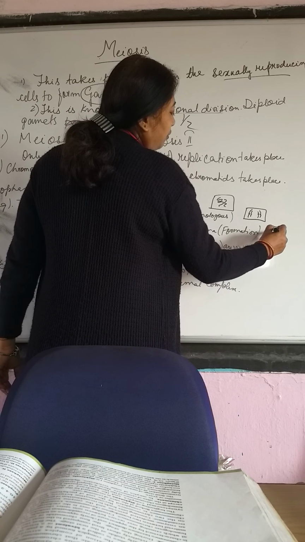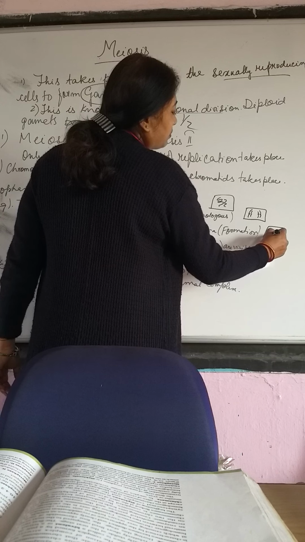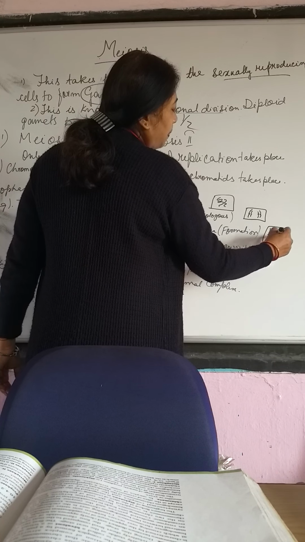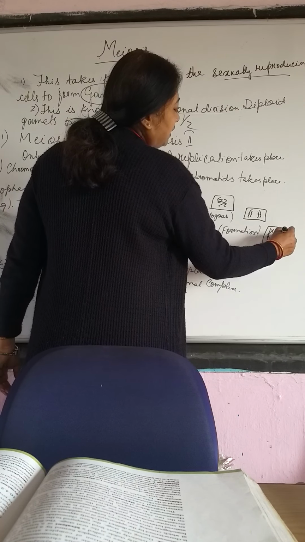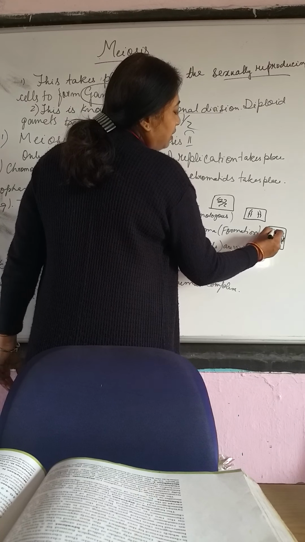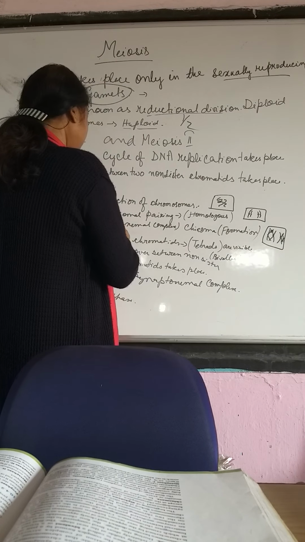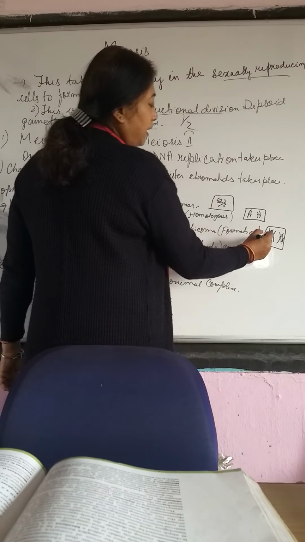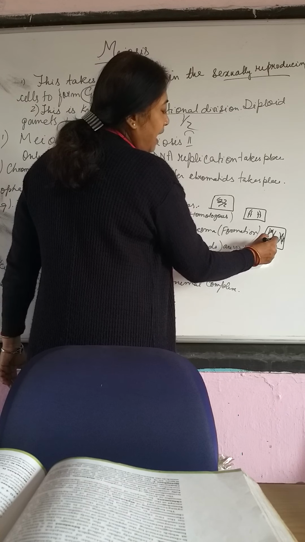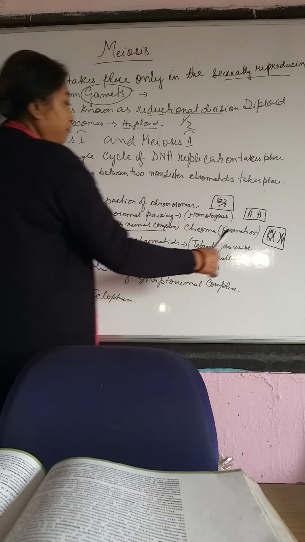The cell, for example, this is one cell, and here also it forms a cell. Like, see, these are the tetrad formation, and here the connection is formed. So this connection here is known as the synaptonemal complex.